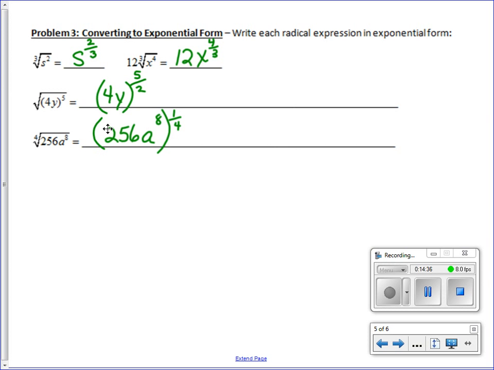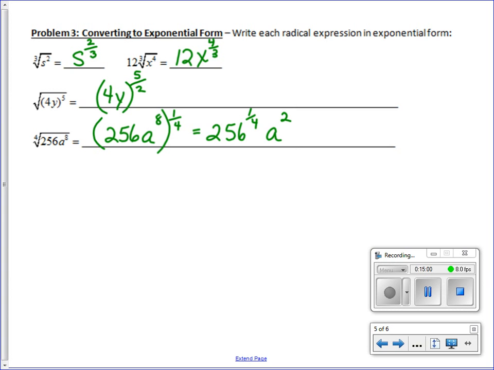So distributing the 1/4 to each factor, we're going to have 256 to the 1/4 times a to the 8 times 1/4, which would be 8 over 4, which reduces to 2. 8 times 1/4 is equal to 2.